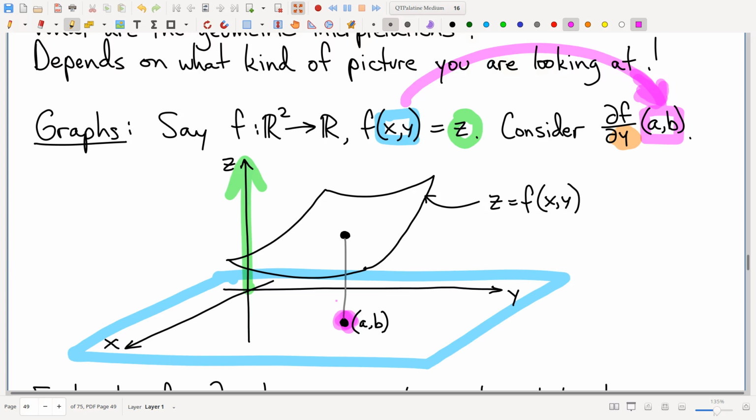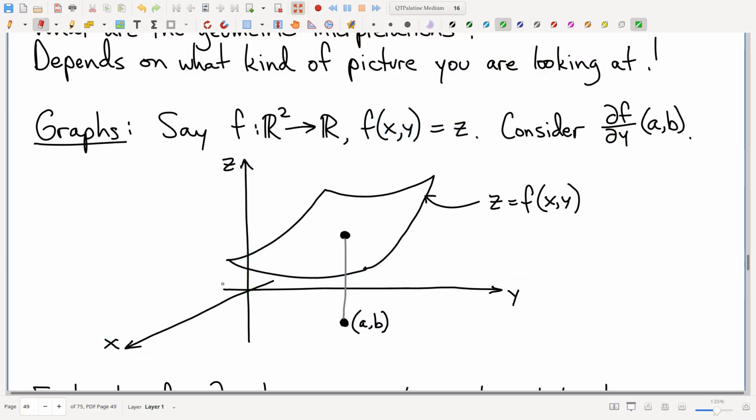But of course, I'm looking at the corresponding point on the graph. Technically we're here at the point A, comma B, but the geometric interpretation we're going to make is based on what the graph looks like up here above that point.